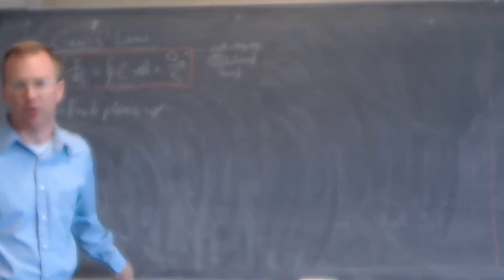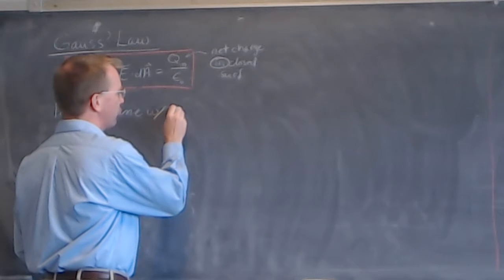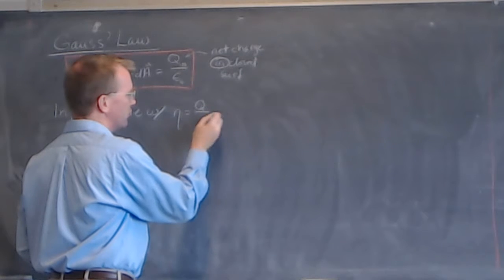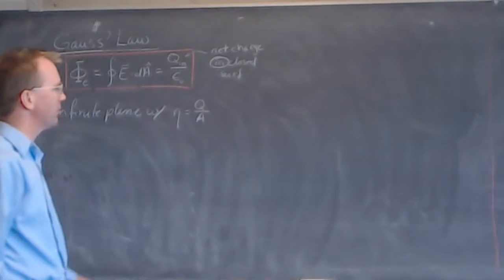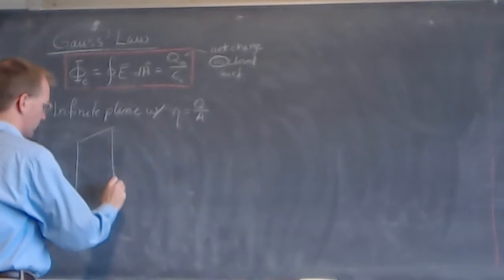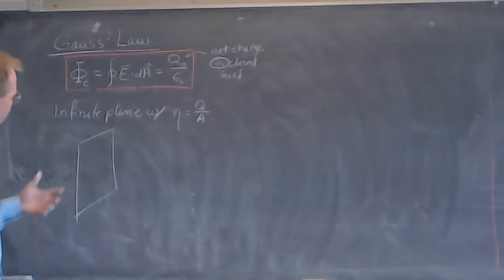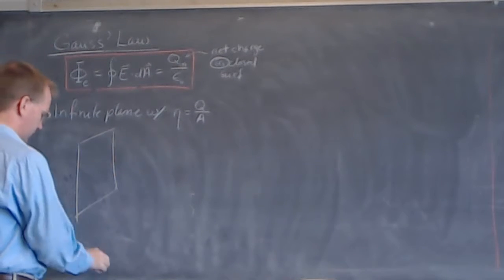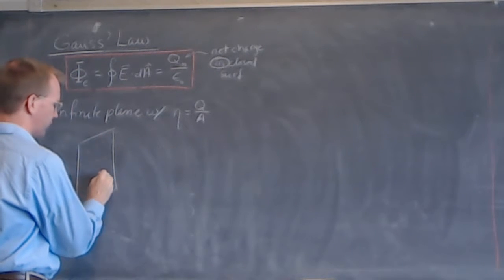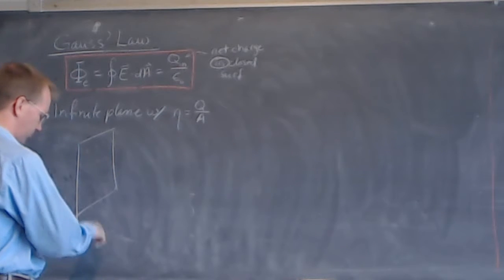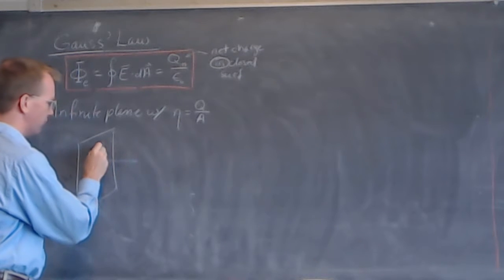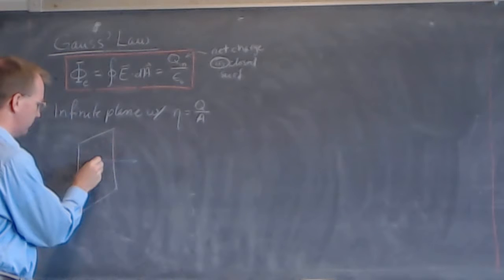Since we've got an infinite amount, I'm going to go on ahead and talk about the surface density, which is going to be eta, which is equal to Q over the total area, capital A. Now, I'm only drawing a segment of this infinite plane, but we've got positive charges uniform across the surface here, with the plus signs. From symmetry, I know that the field lines must go out perpendicular to the surface.